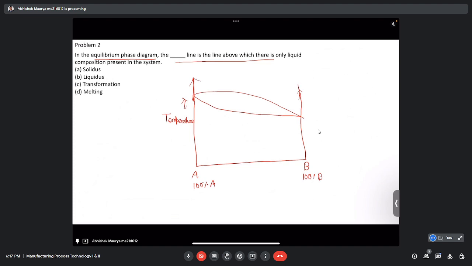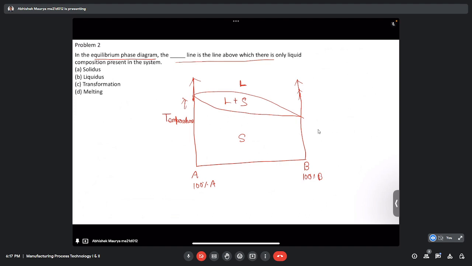At higher temperature, whatever composition of A and B we take, we will get liquid, and at lower temperatures, whatever composition we take, we will get solid, and in between the solid and liquid region, we will get a liquid plus solid region.